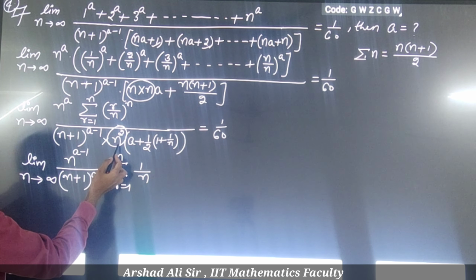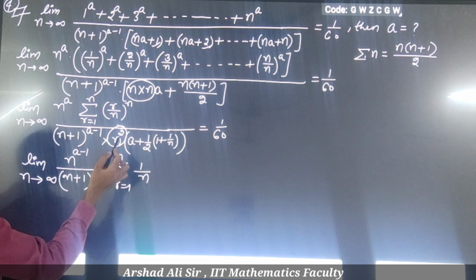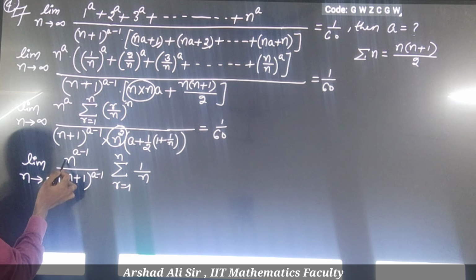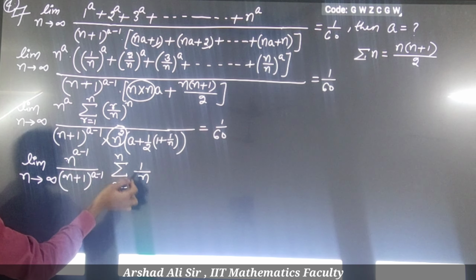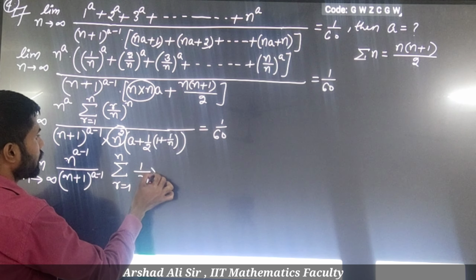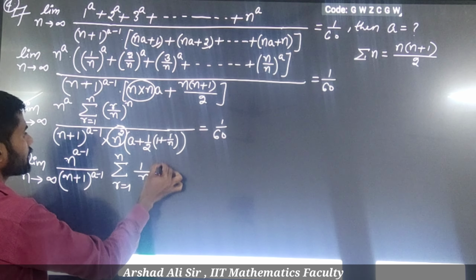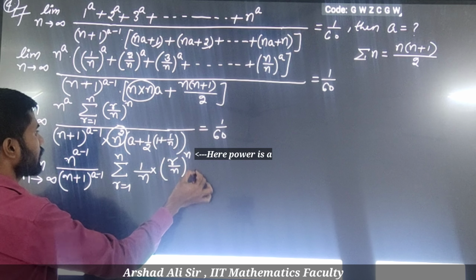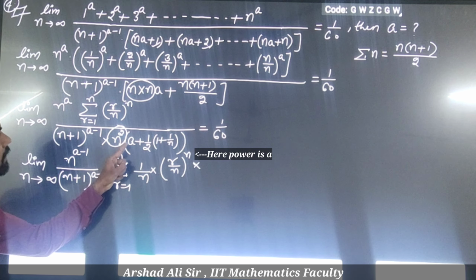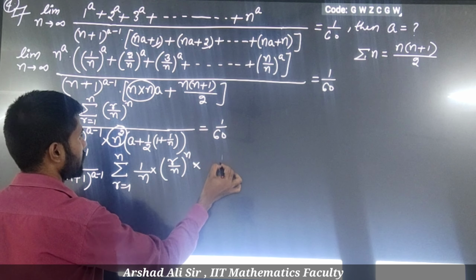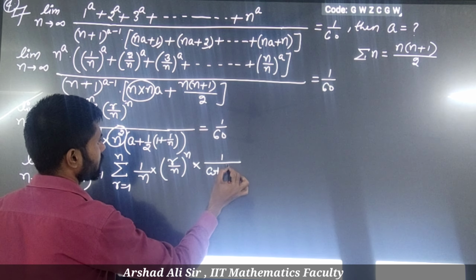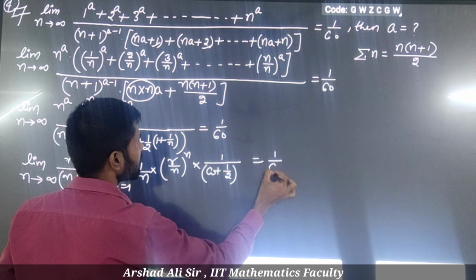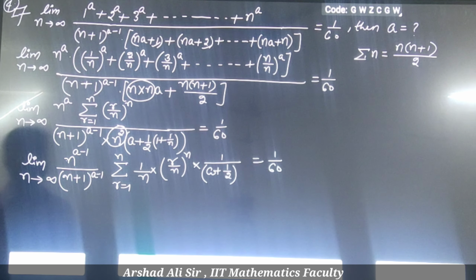Okay, it is n square. n square means n multiply n, and we are giving 1 power to this n, it means n to the power a minus 1. So 1 by n is remaining, and here (r by n) whole power a, and here we have a plus half, a plus 1 by 2. Okay, and complete given equal to 1 by 60.